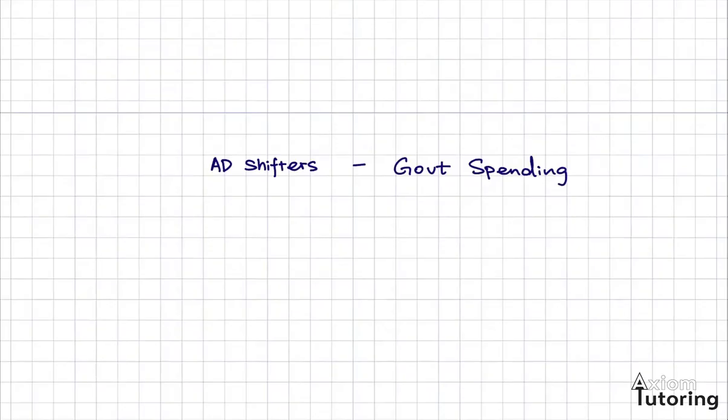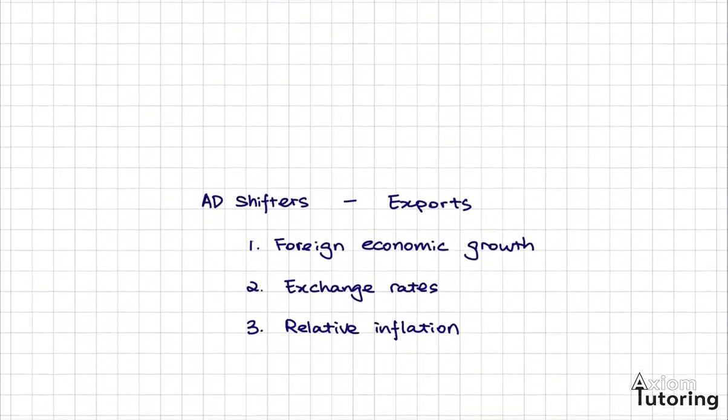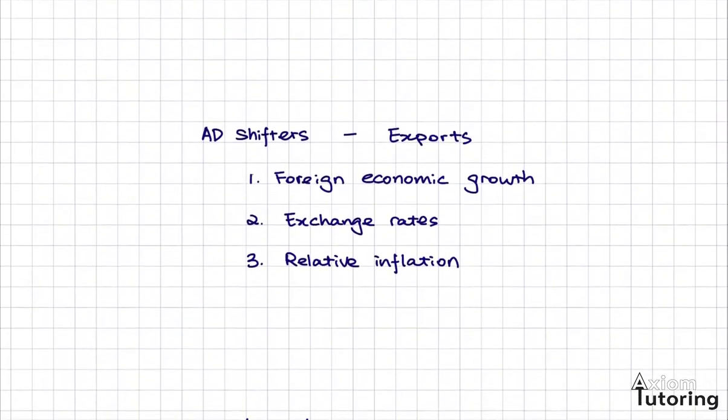Well, let's look at the fourth aggregate demand shifter, changes in exports. Exports are goods and services produced domestically and purchased by foreigners. So changes in foreign economic growth are going to change our country's exports. Suppose incomes rise rapidly in the United States.